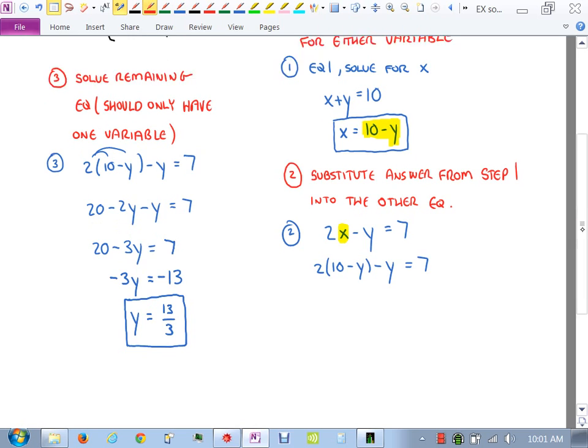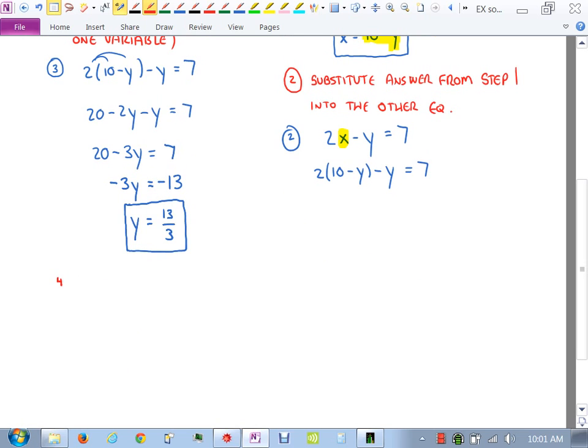Fourth step is to now take the answer from part 3, plug in to equation from part 1.